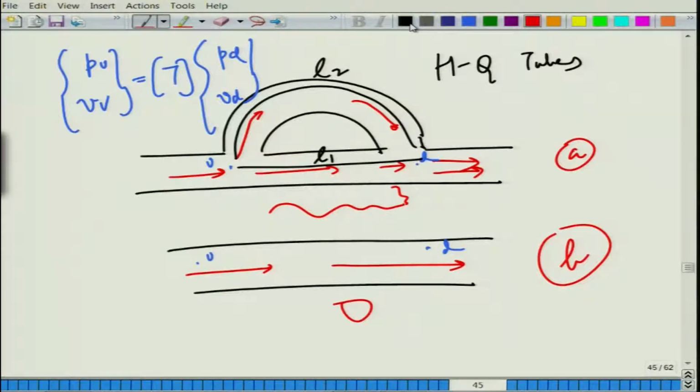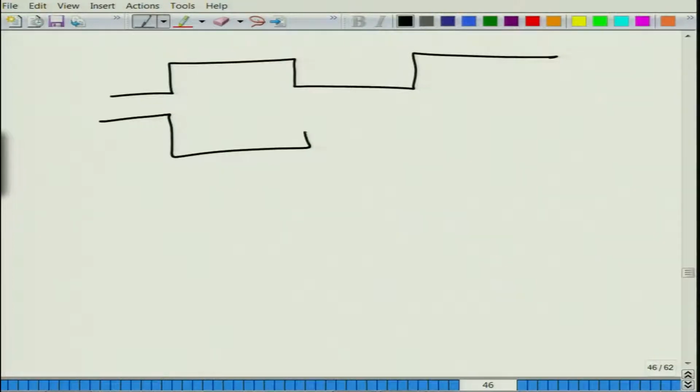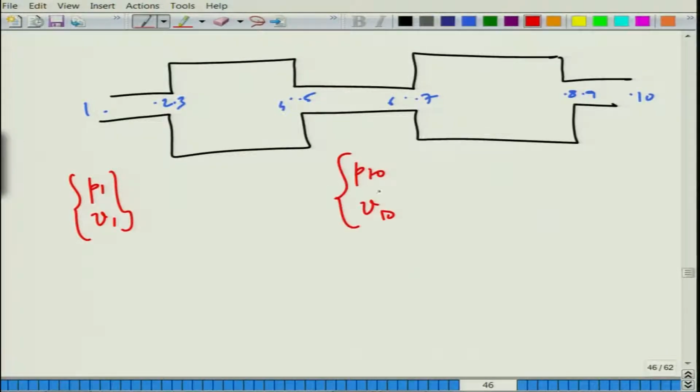And another system is, for example, if you have a muffler system like this, as we have been discussing in the beginning of this course, a very simple looking concentric muffler configuration with points 1, 2, 3, 4, 5, 6, 7, 8, 9, 10. What one can do is to relate things from P1, V1 to P10, V10.